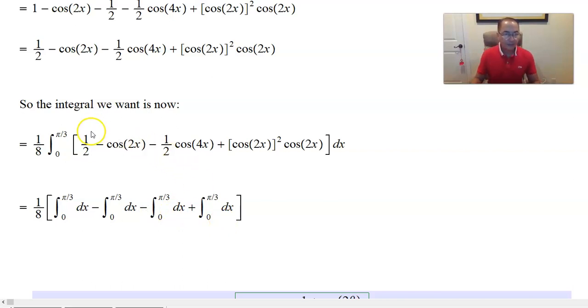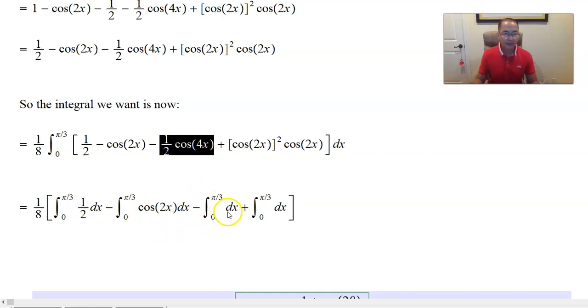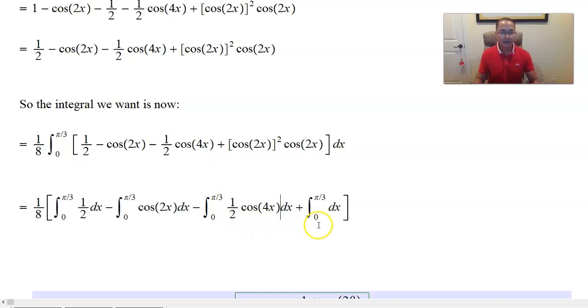So the first one is simply 1/2. Second one is cosine 2x by itself. The next one is cosine 4x minus 1/2 cosine 4x. And the last one with the borrowed cosine 2x right there. Why don't we take the 1/2 outside?